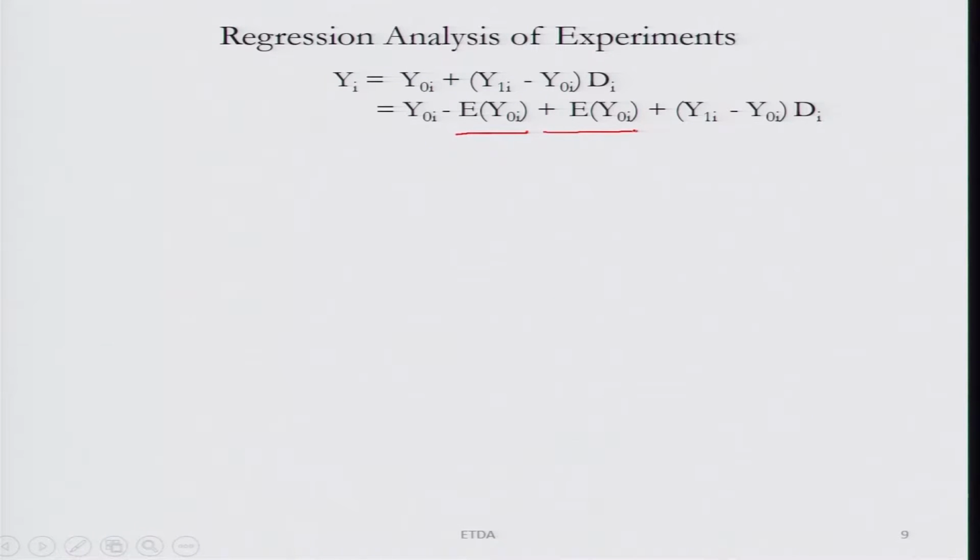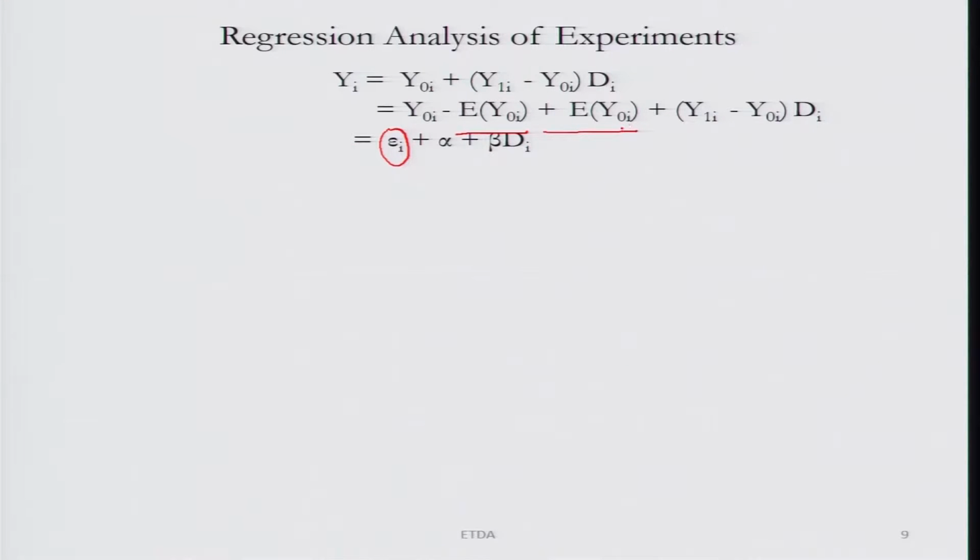This is just a simple manipulation, and what you can see in this equation is that it now reflects the standard regression model. Your y naught i minus the expectation of y naught i is essentially the difference between the expected value and the observed value, and hence is summarized in the error term.